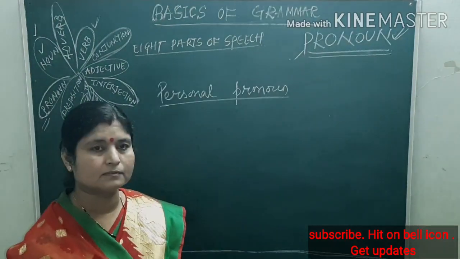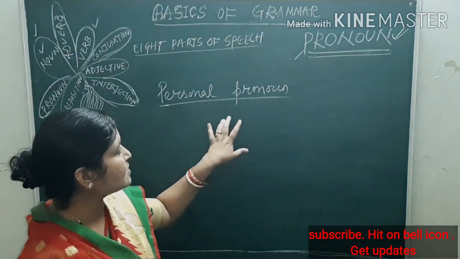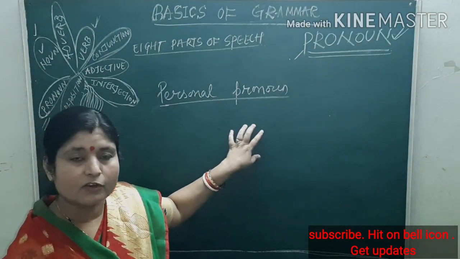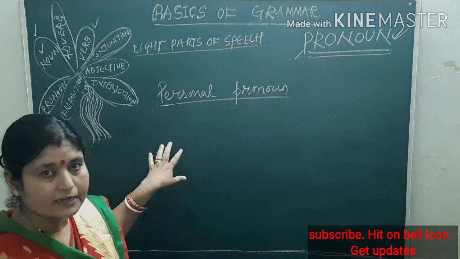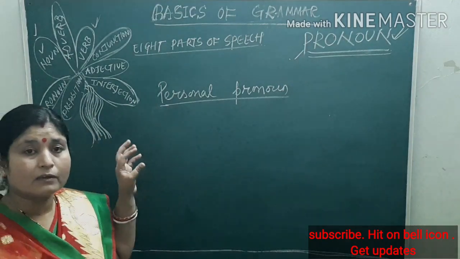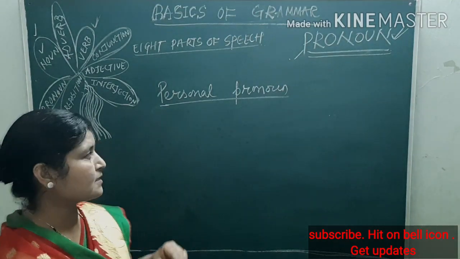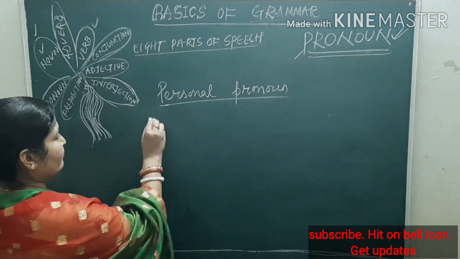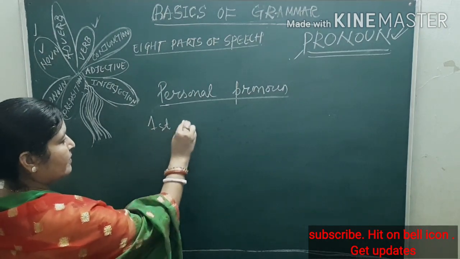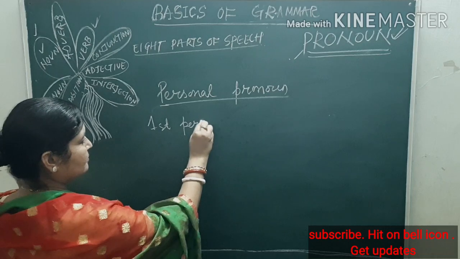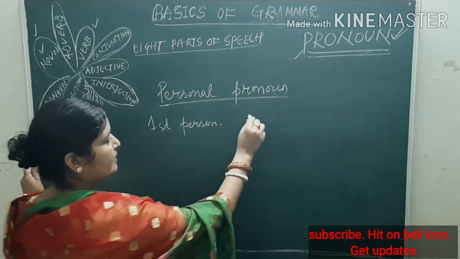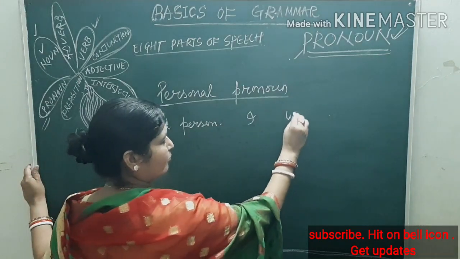Okay? Personal pronouns are those pronouns which we can write in the place of the names of persons and things. How? As we know, the first person singular is I and plural we.